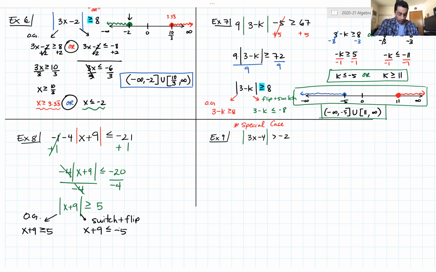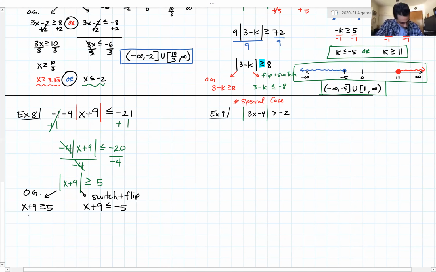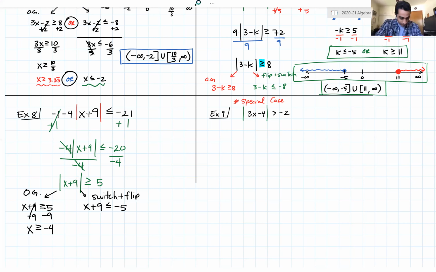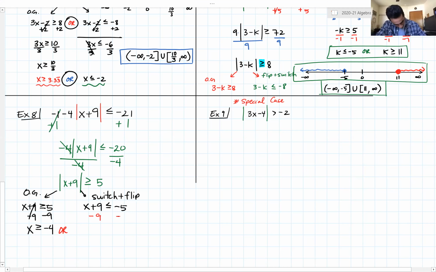All right, so let's solve. Subtract both sides by 9. So x will be greater than or equal to -4. Remember that this is now an or problem, so don't forget to bring down the or. That way you remember, or you don't confuse yourself whether you should be looking for an intersection or not. Okay, so it's an or. Subtract 9 again. X will be less than or equal to -14.